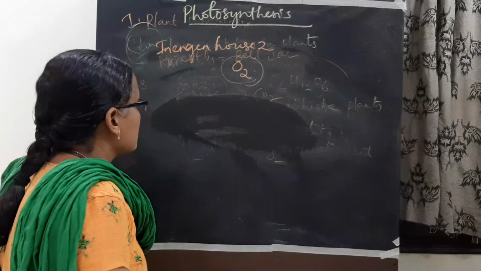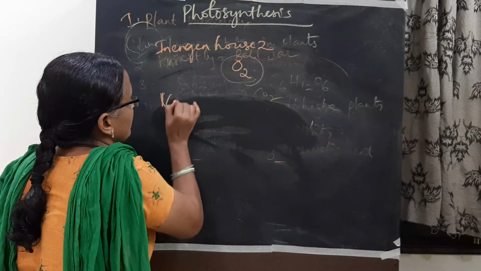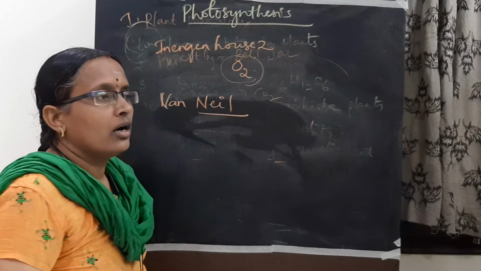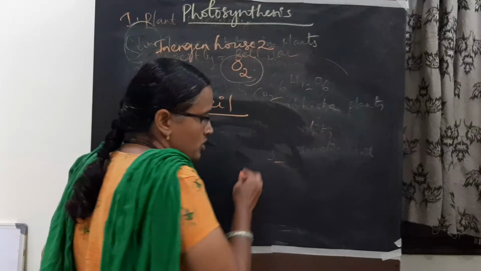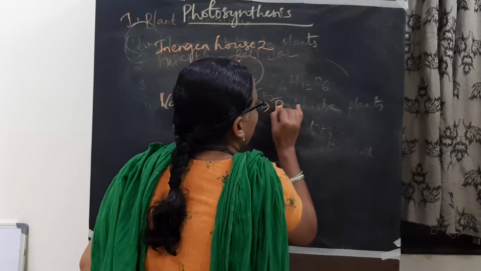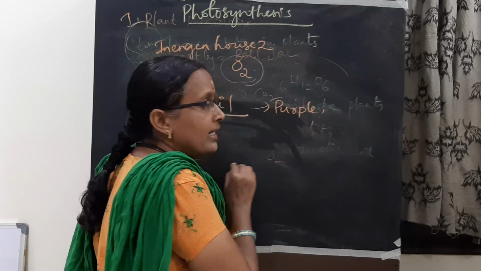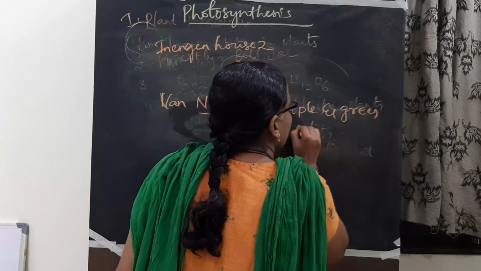Then the scientist C.B. van Niel did his experiments by taking sulfur bacteria. He studied purple and green bacteria.